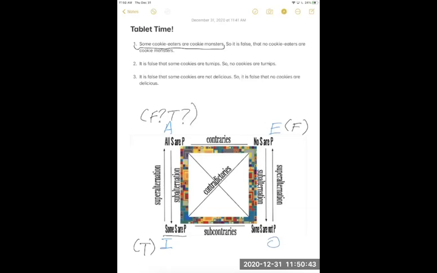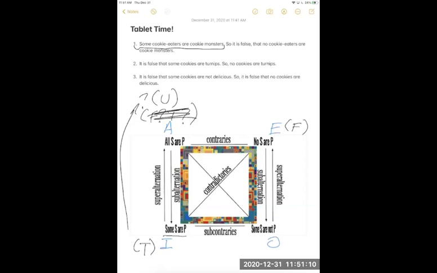What ends up happening here? Well, we actually don't know what's going on with A. It's undetermined. All this means is that if we begin with a true I statement, and that's all we have because it's an immediate inference with one premise, there's no way we can know what's going on up here. That's a consequence of beginning with a true I statement.